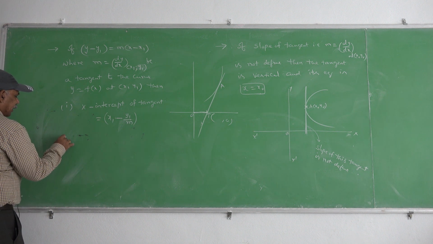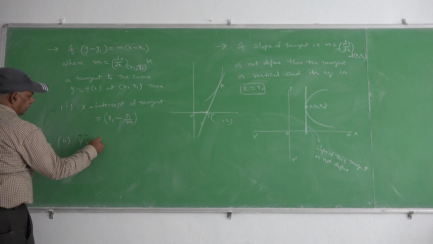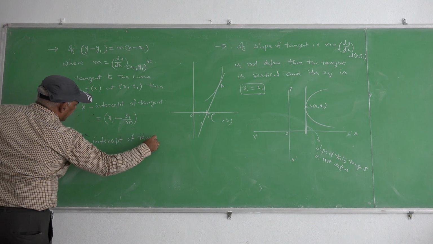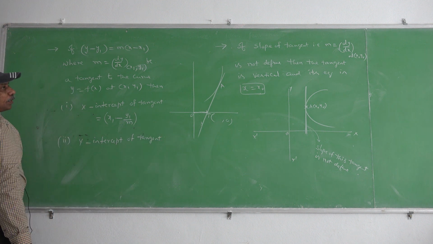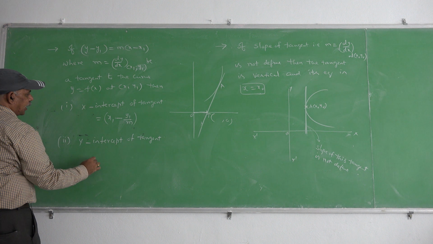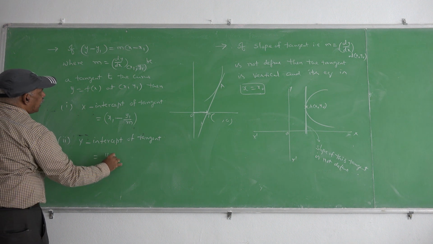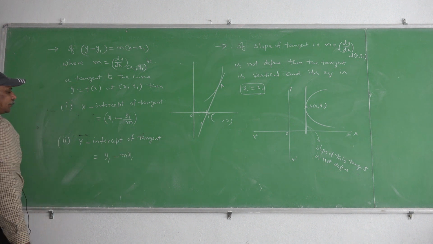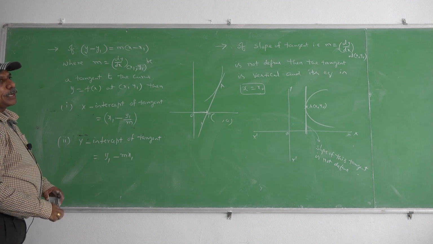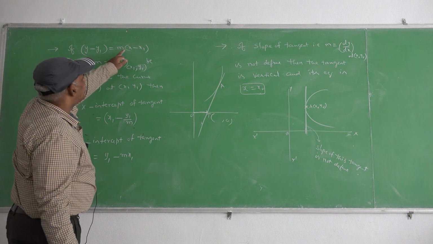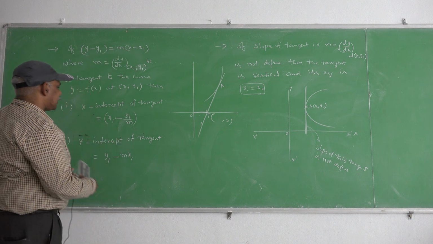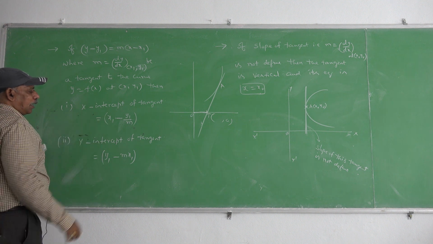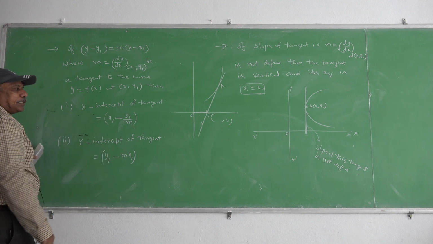Similarly, the y-intercept is given by taking x equal to 0, y equal to y1 minus m x1. Of course, this is the x-intercept of the tangent and this is the y-intercept of the tangent.